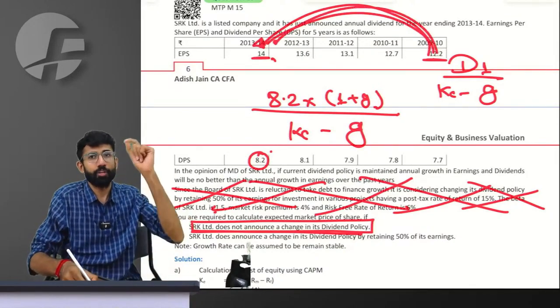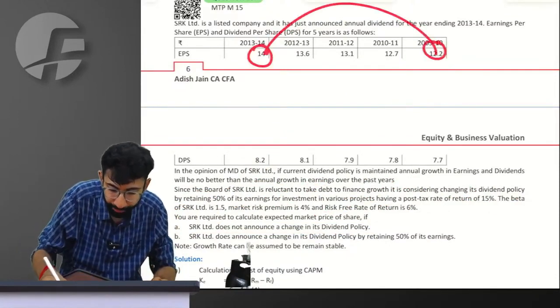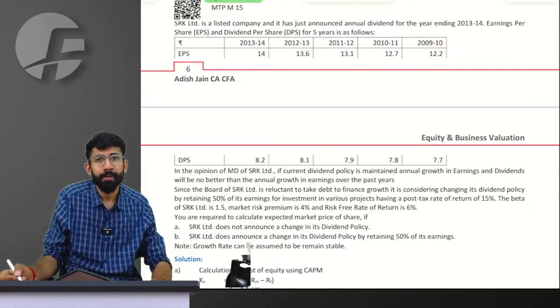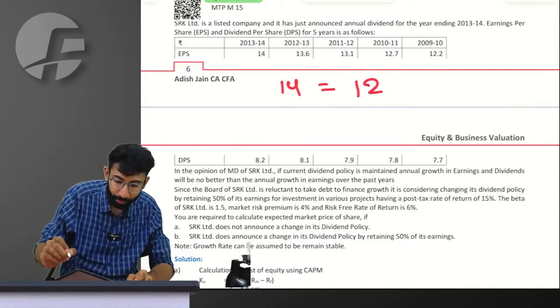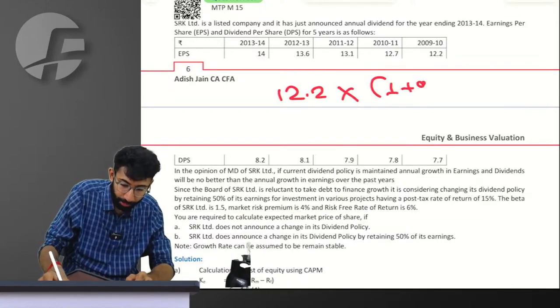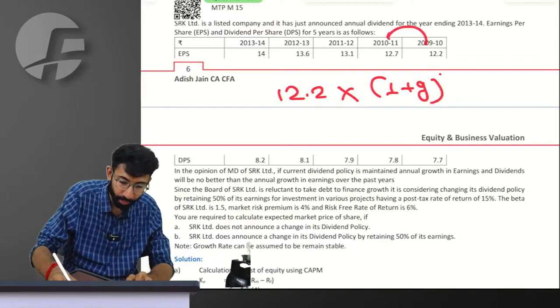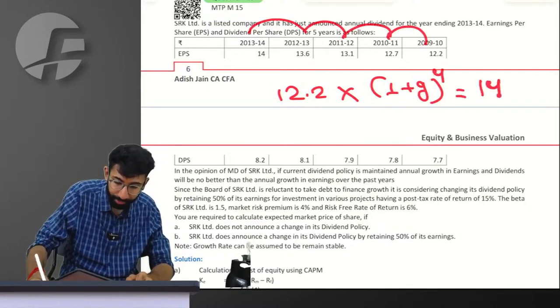Let us start using your calculator very quickly. D0 of 8.2 is available to you. Let's find out the growth rate. People in the class, let's apply that compounding formula. Future value is equal to present value into 1 plus growth rate to the power n. How many years? 1, 2, 3, 4. To the power 4 will give me 14.